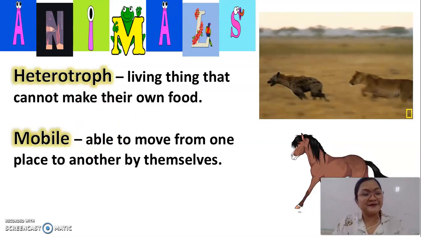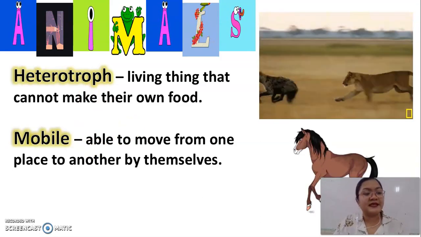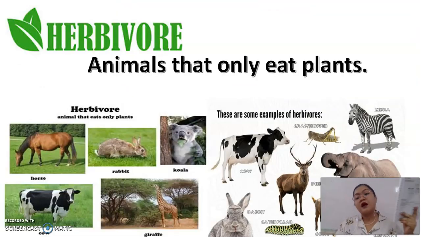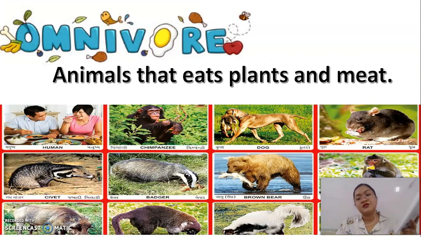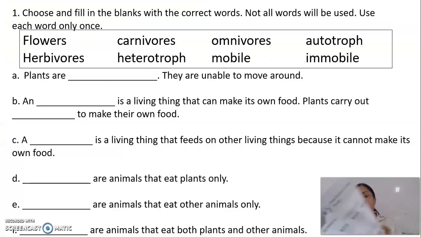Okay. Next, please get your workbook. Open it on page 3 and page 4. We're going to answer your workbook. Okay, listen carefully. I will tell you what you're going to do.